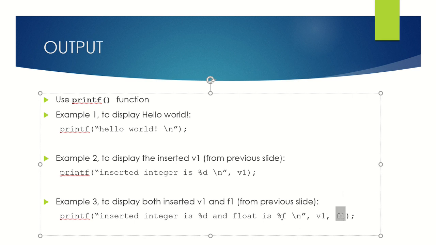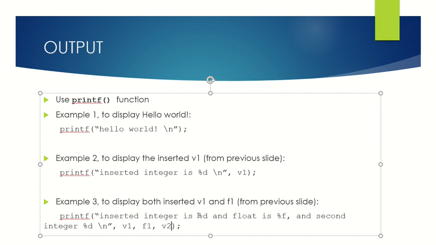Okay, so katakanlah ada satu lagi value yang lain, V2 contohnya, and second integer percentage D. Okay, so katakanlah nak display another value for another variable, so contohnya V2, kita akan tambah pada ujung lah, so dia akan ikut urutan.